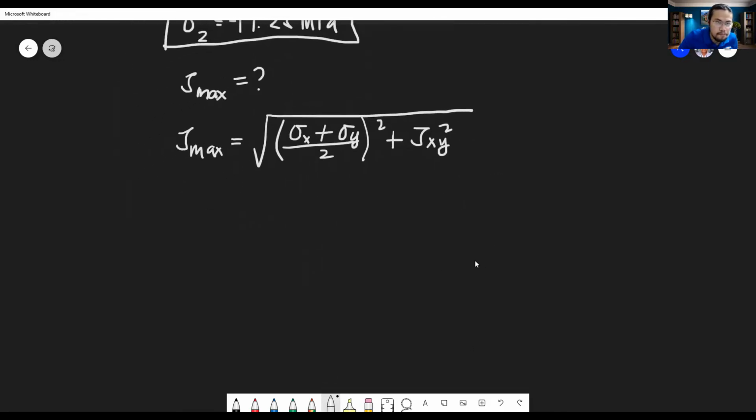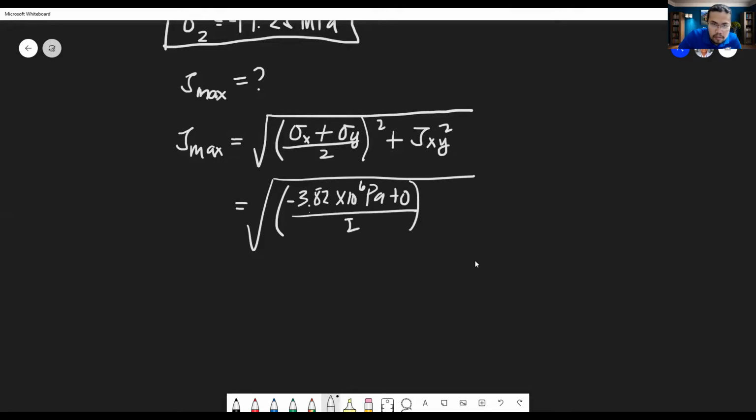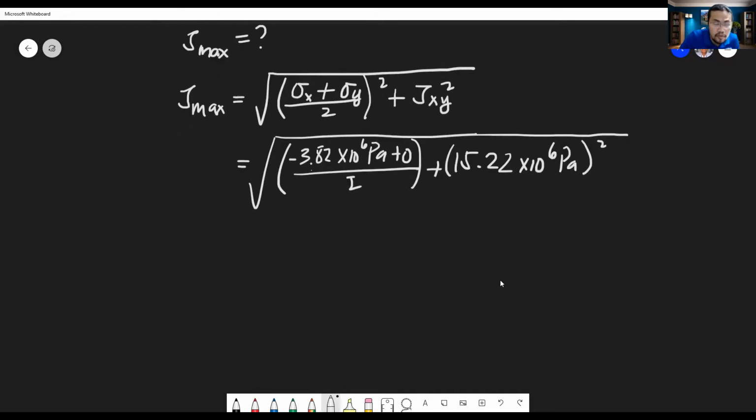It's simply going to yield 3.82 times 10 to the 6th Pascal plus 0, divided by 2, plus the shear, which is 15.22. Solving for this, we get maximum shear as 15.34 megapascals.